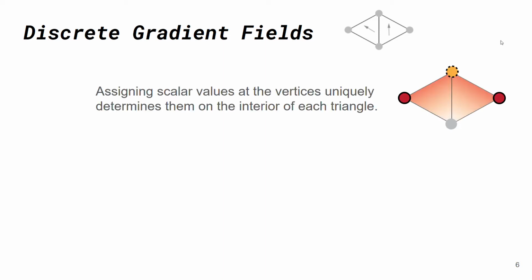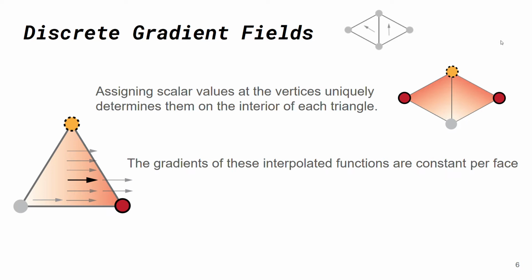And now we can start thinking about compatibility between these 2 fields. So if we start with a scalar field, we assign a number per vertex, and then we linearly interpolate on the interior of each triangle. Well, this linear interpolation uniquely determines a vector per face of our triangle mesh.